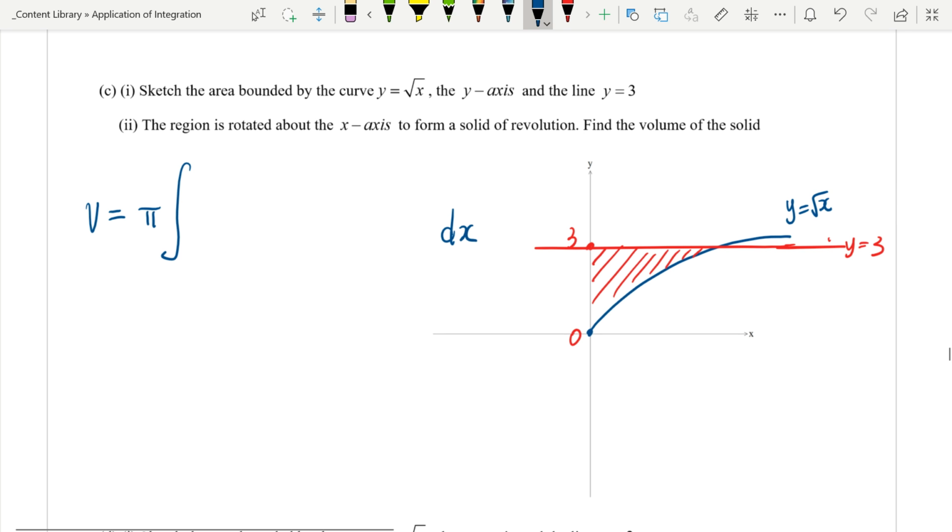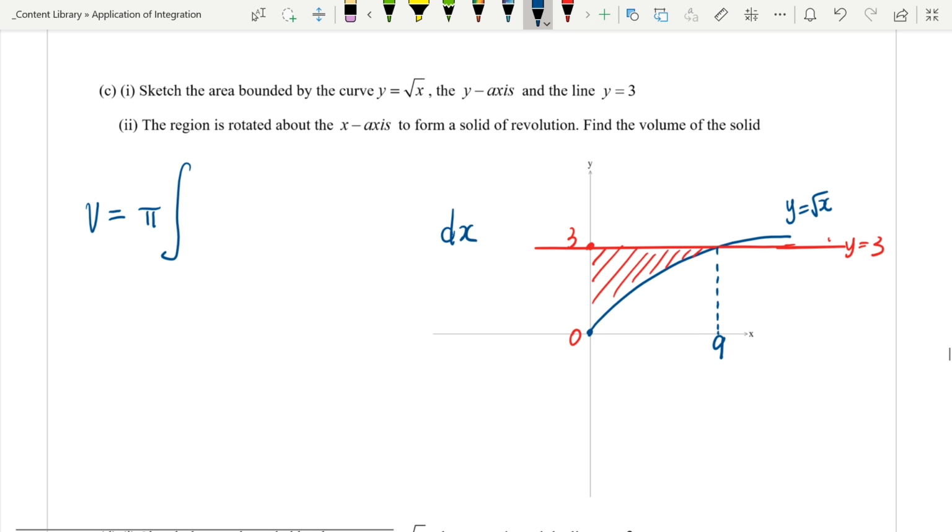So it's the area bound between the line y equals 3 and the line y equals root x. What is this point? That's 9, right? So the area is bound between the curves from 0 to 9, in between which two graphs? y equals 3 and y equals root x.